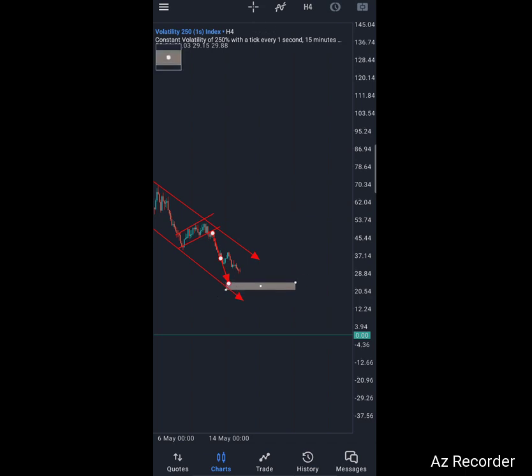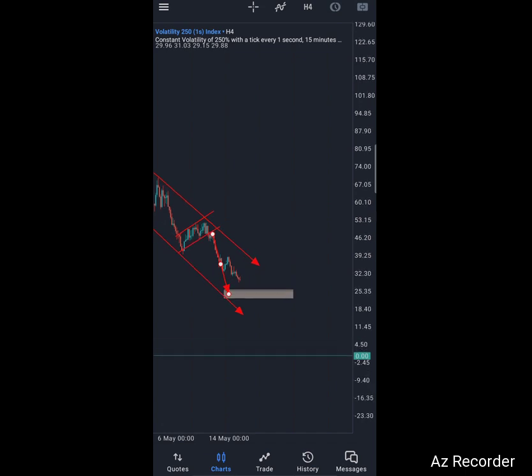I took it at around 90% done. I didn't wait all that way for the second leg to fully be reached, but it always reaches it. I was a little bit impatient and took the money because I was raising the account. Yeah, that's what you do.